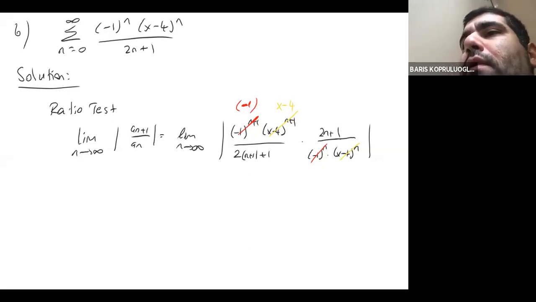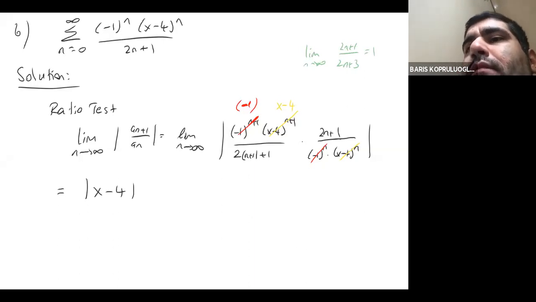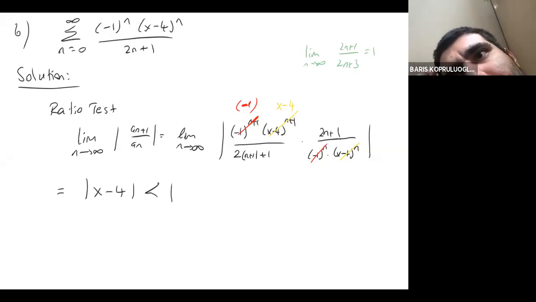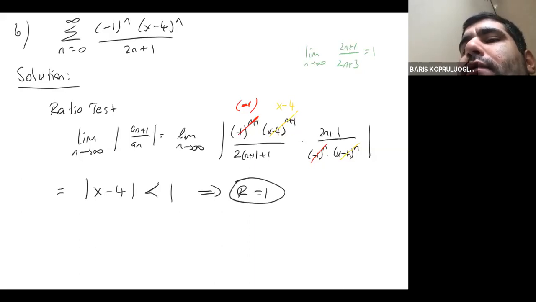As n goes to infinity, this will be 1. So what you have is just |x-4|, and it will be less than 1. Any questions so far? And this gives you R as 1.